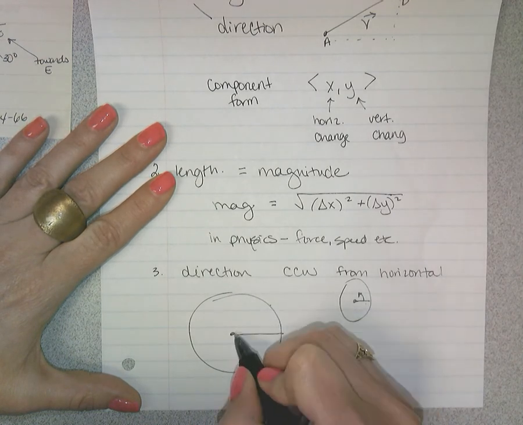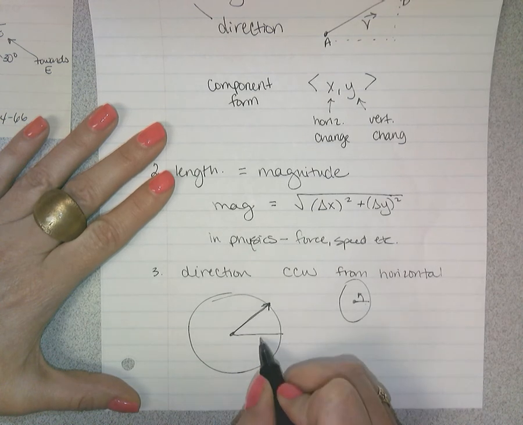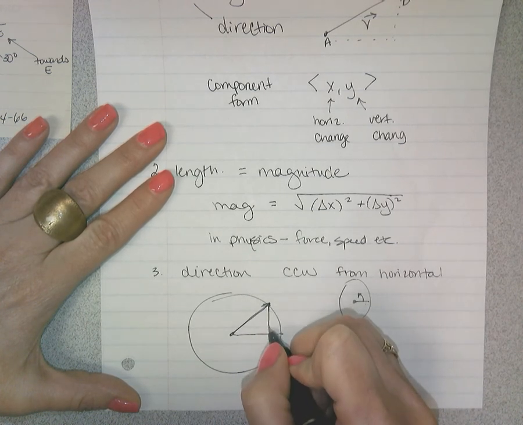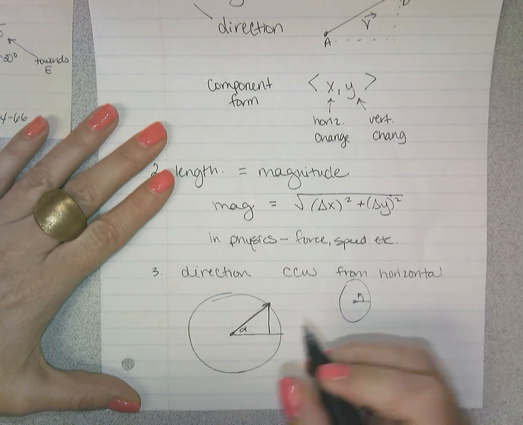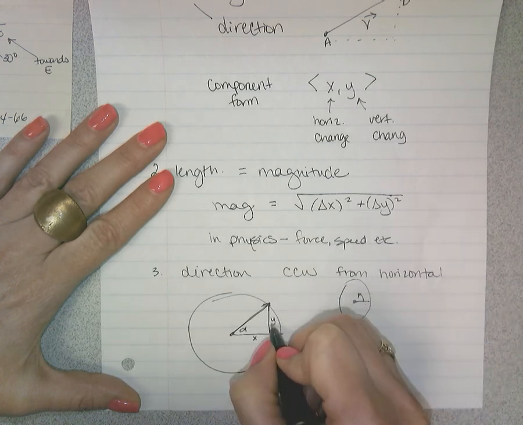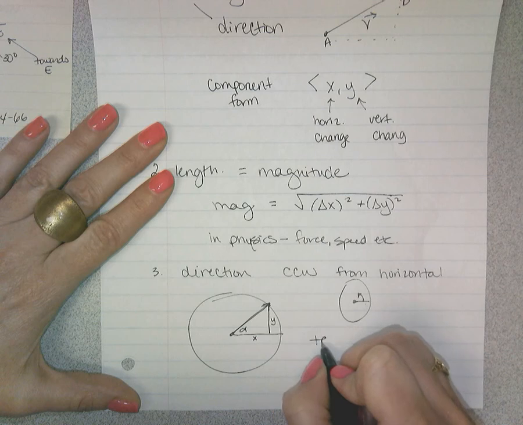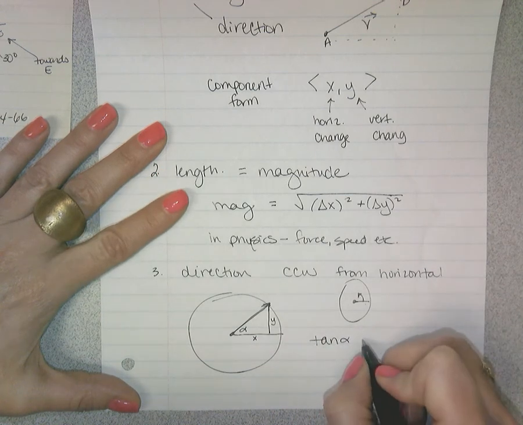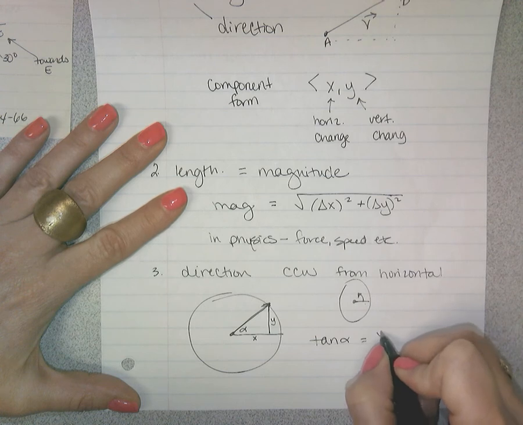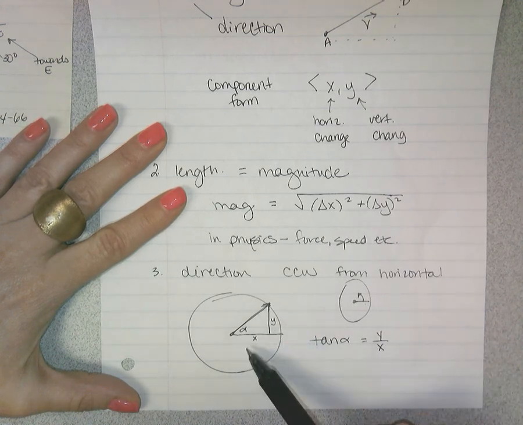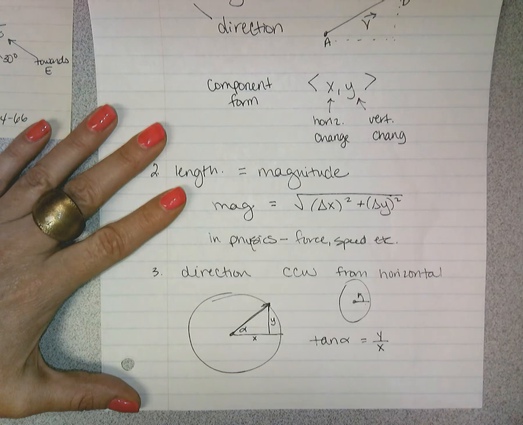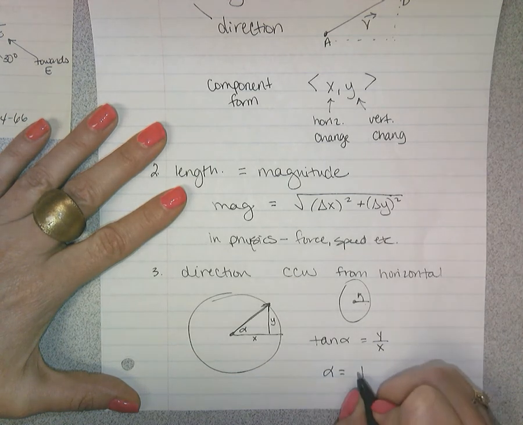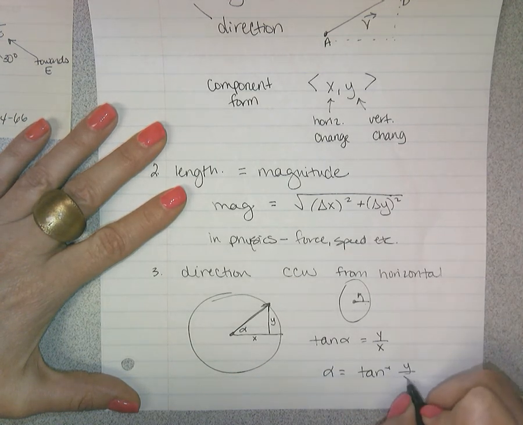Okay, if I've got a vector like this, I'm measuring from the horizontal. I'm trying to find this angle right here. I have an x distance and a y distance. You can see that the tangent of my angle, alpha, is going to be y over x, opposite over adjacent, okay? So my angle is the inverse tangent of y over x.